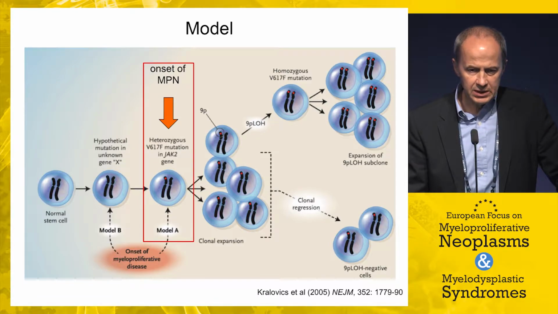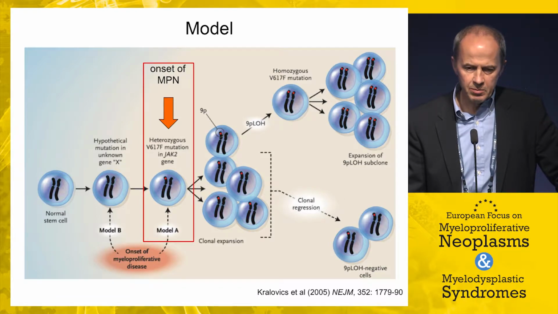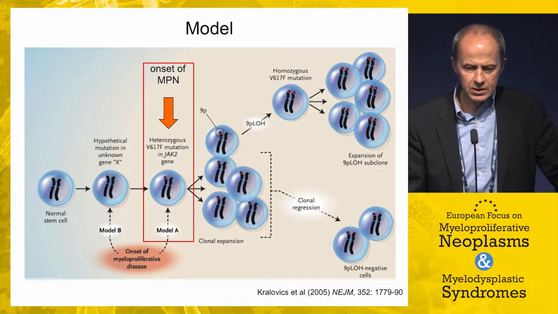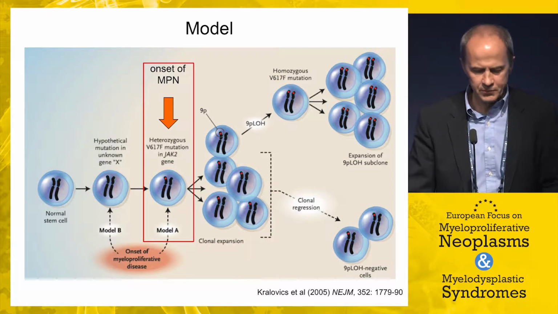Most prominently, the JAK2 mutation, which is acquired on chromosome 9, then defines a heterozygous clone that proliferates in some patients, becomes homozygous, and as we know, the homozygous clone is somewhat associated with the polycythemia phenotype, whereas the heterozygous state is more associated with the ET phenotype.